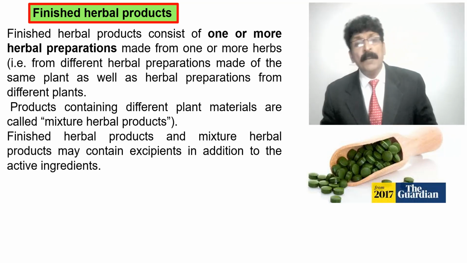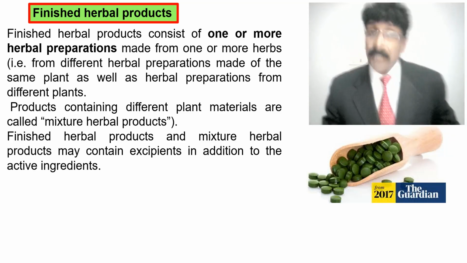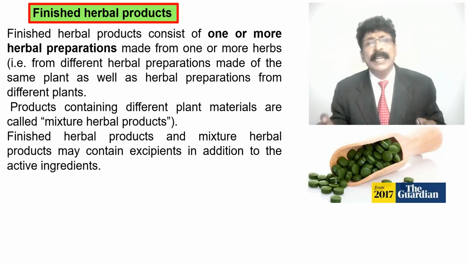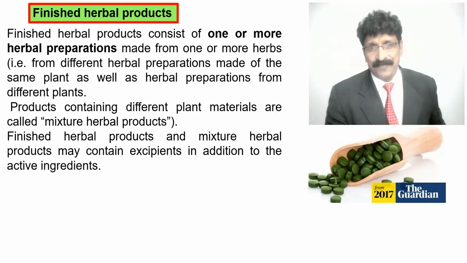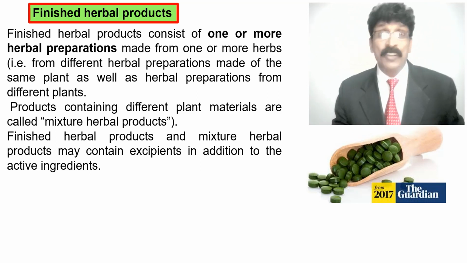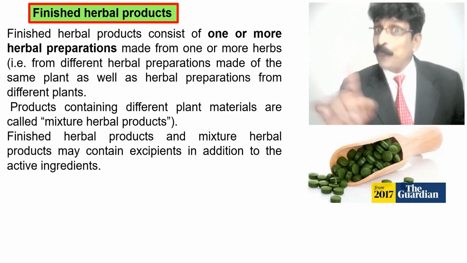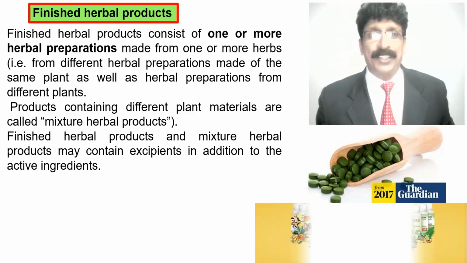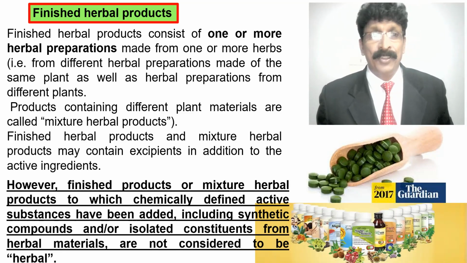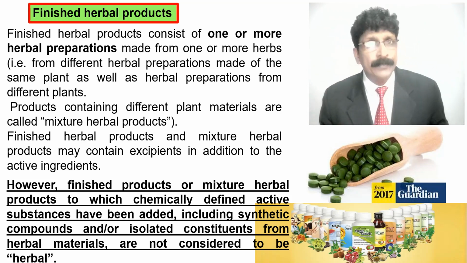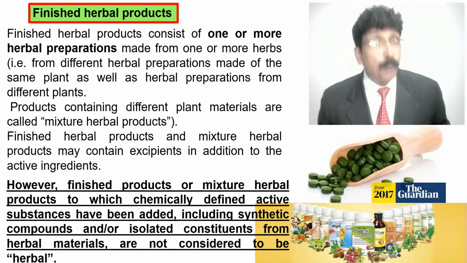Finished herbal products or mixture herbal products may contain excipients. Excipients, you know that. You might have studied about various excipients used for formulation, in addition to the active ingredients. However, this point is very important. You should know the negative point also.